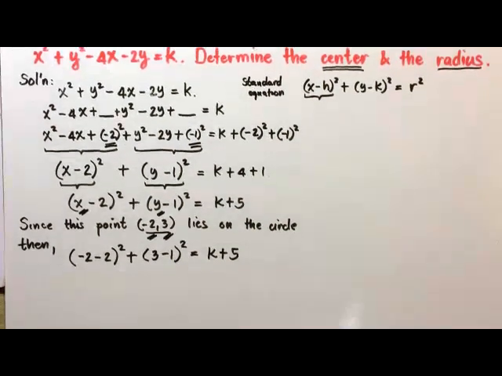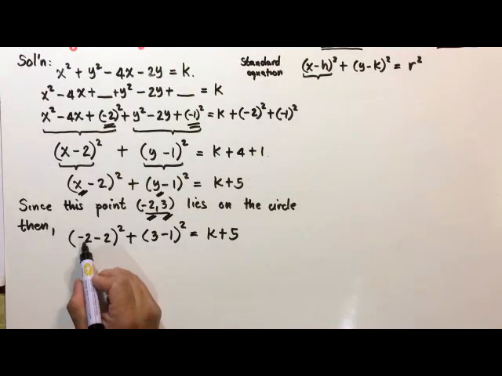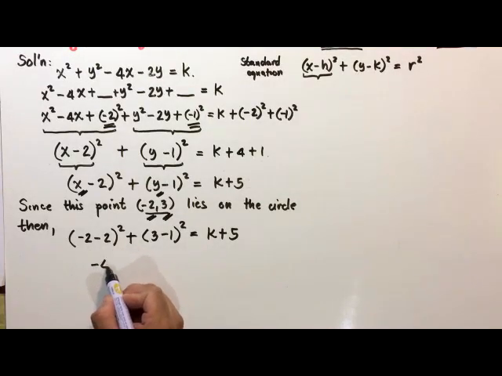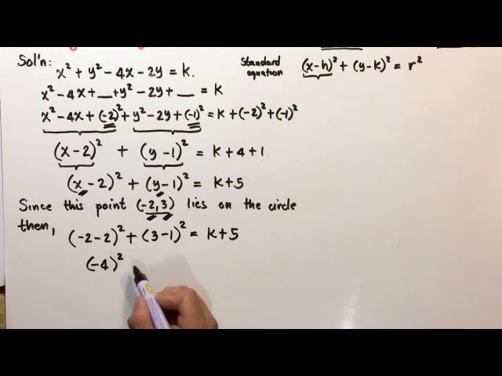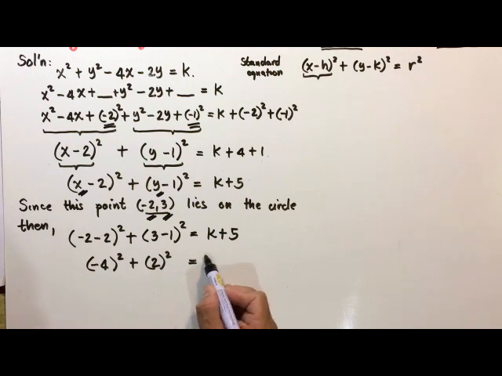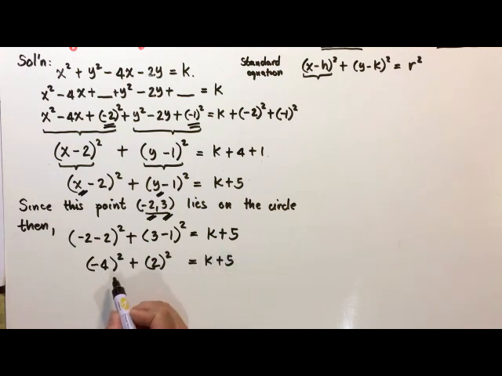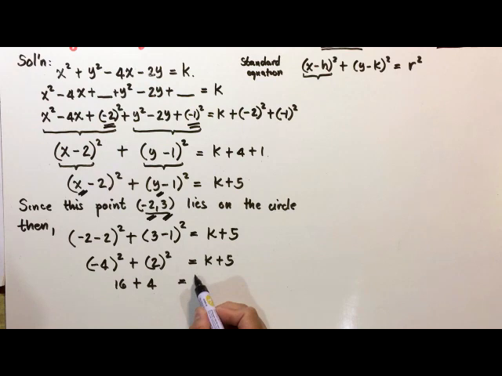Now to continue, minus 2 minus 2 is minus 4 quantity squared. And then this is 2 squared, which is equal to k plus 5. And negative 4 squared is 16 plus 4, because 2 squared is 4, is equal to k plus 5.